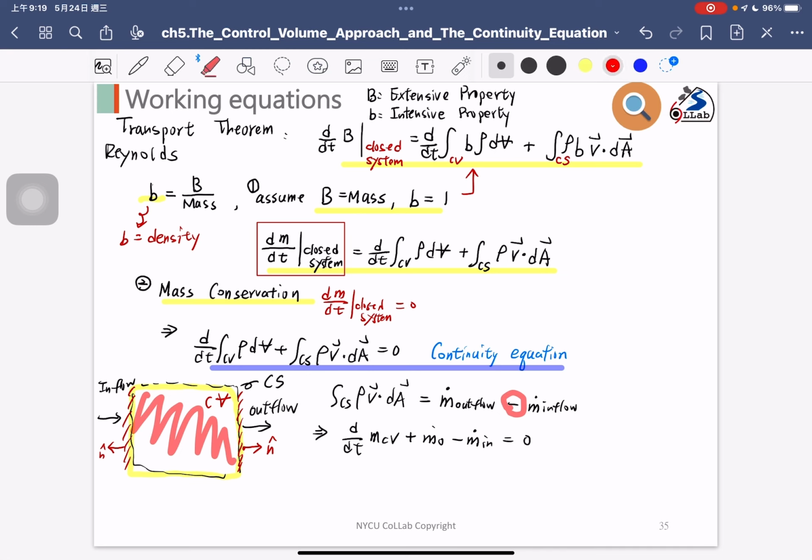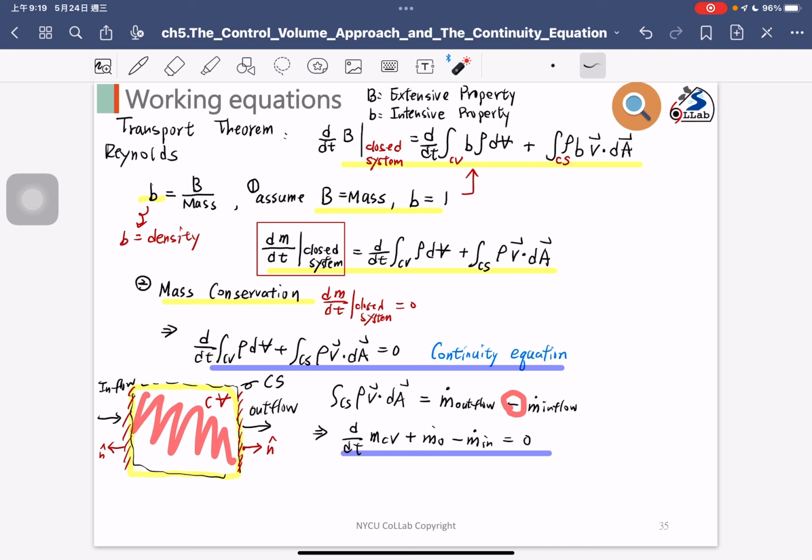So you can rewrite the continuity equation as this formula. That indicates the mass inside the control volume changing with time, plus the outflow rate, minus the inflow rate, is always equal to 0.